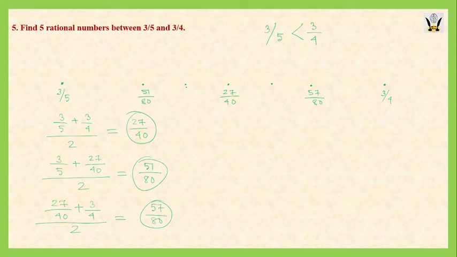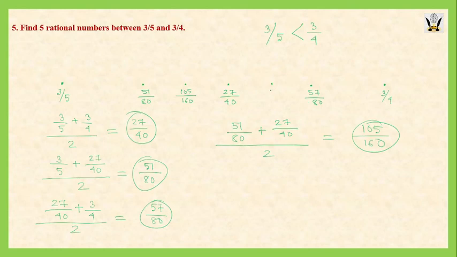Now when we find the mean value of these 2, again the same approach: 51 divided by 80 plus 27 divided by 40, and then the whole addition will be divided by 2. So finally this value will come as 105 divided by 160.